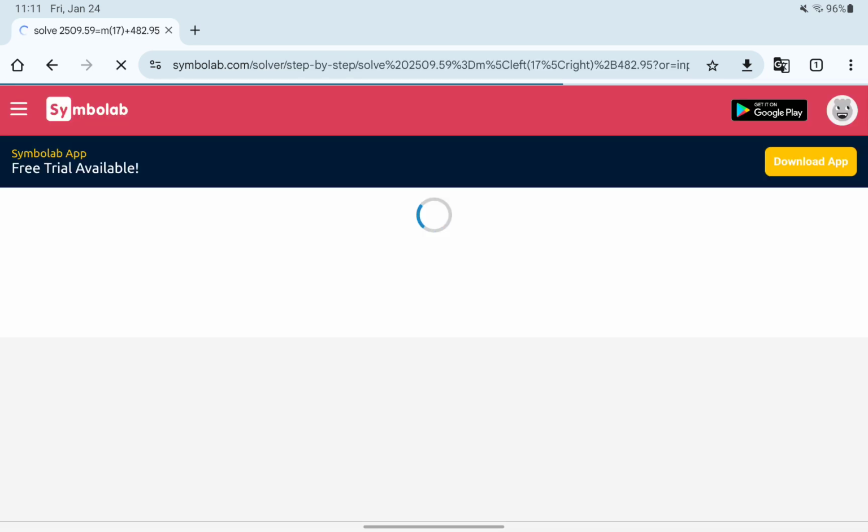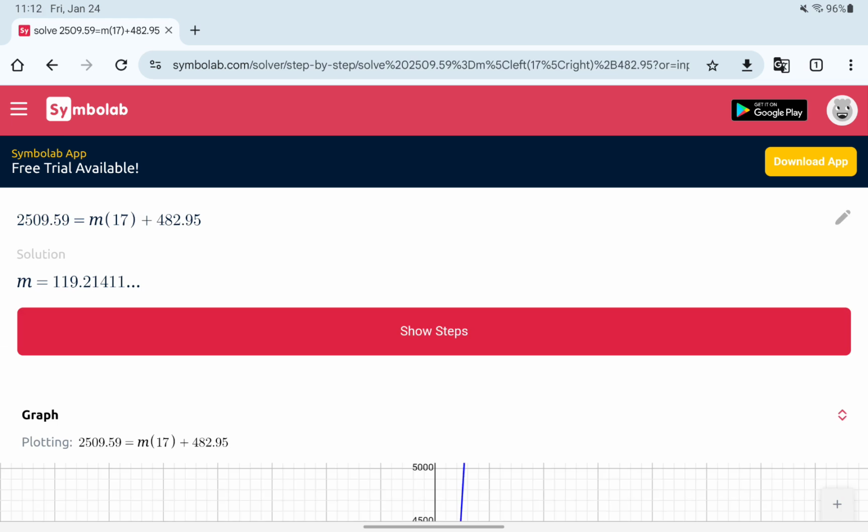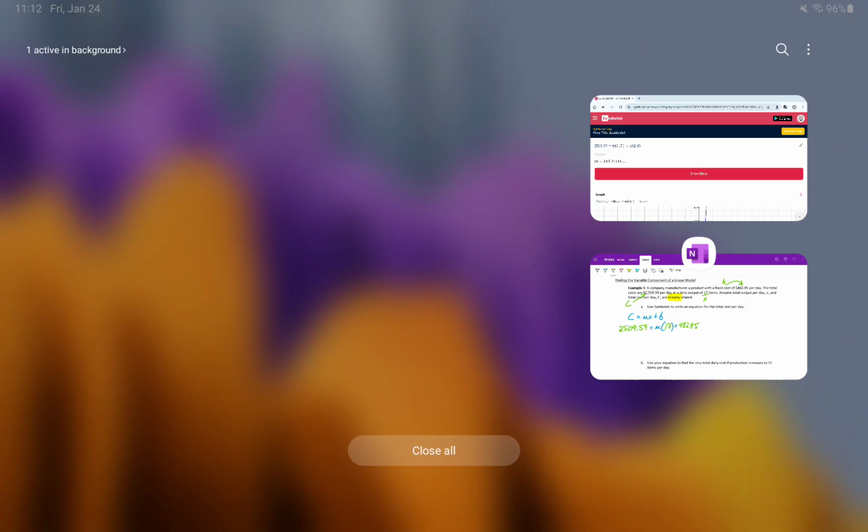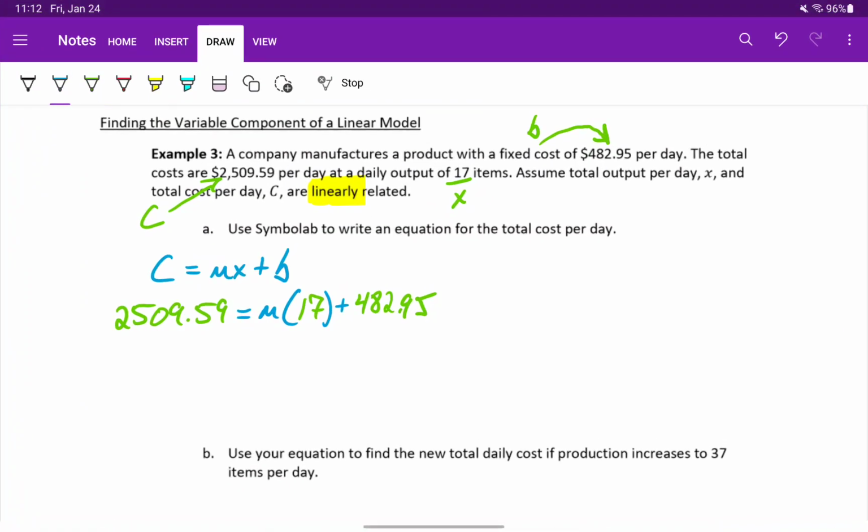Click go or press enter to evaluate, and we'll get a slope of 119.2141 if we round that to 4 decimal places. Meaning our equation for total cost is 119.2141x plus 482.95.